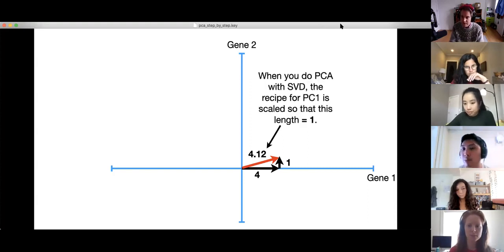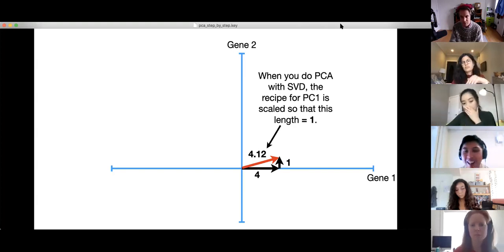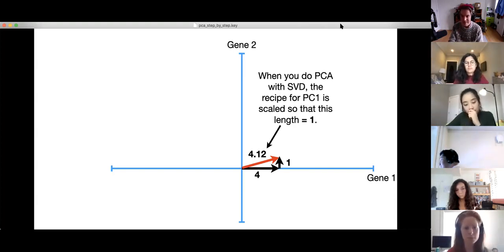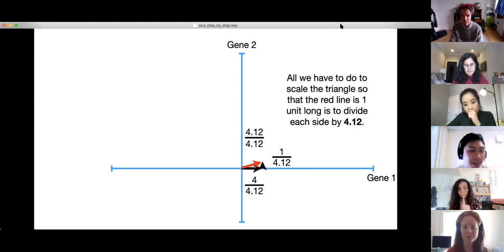When you do PCA with singular value decomposition, that's what SVD stands for, the recipe for PC1 is scaled so that its length is 1. So all we have to do to scale the triangle so that the red line is 1 unit long is divide each side by the original length, which is 4.12.